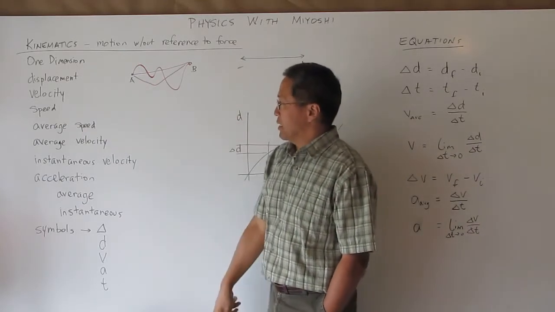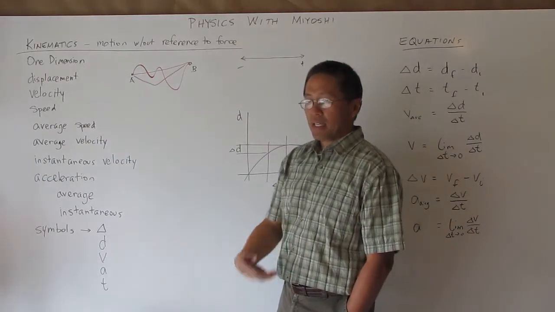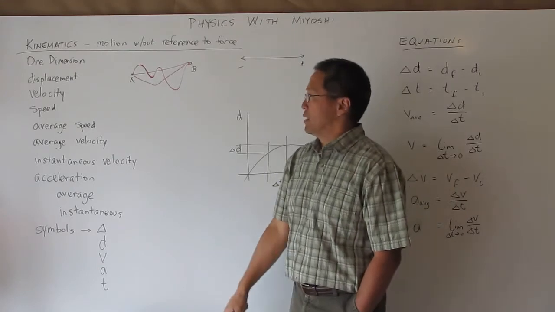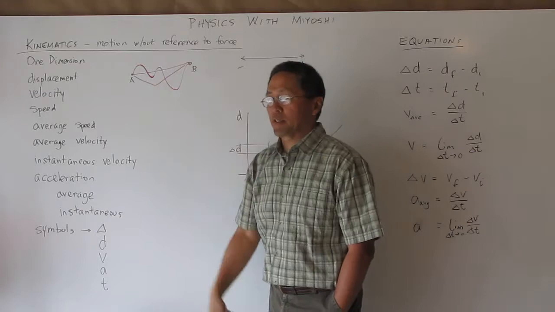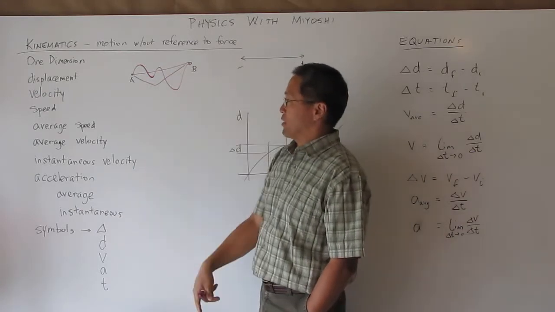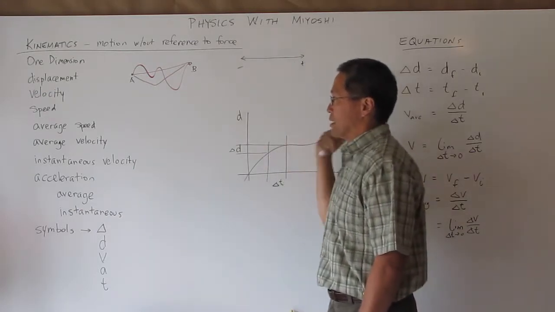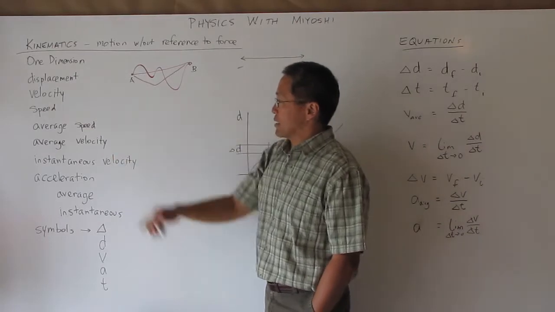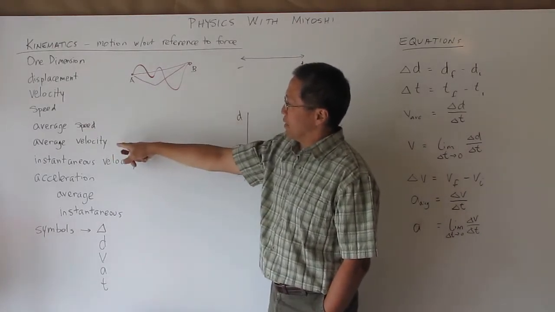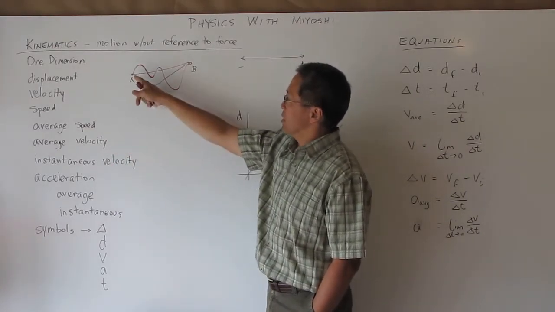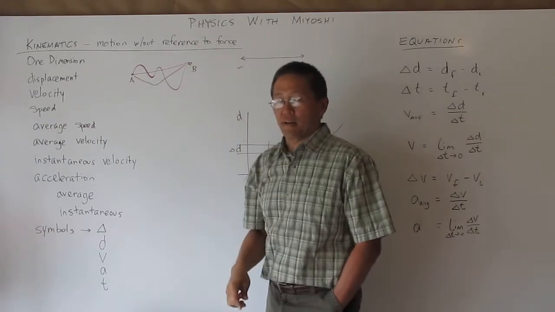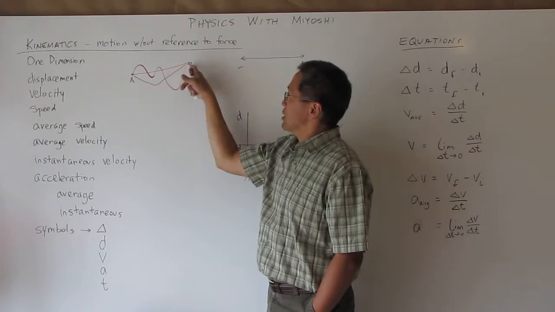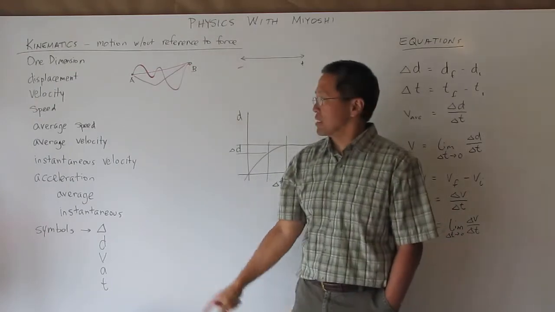Average speed is just like you would think: if you know the distance you went and you divide that by the time it took you to get there, that gives you your average speed. We'll talk about equations in a moment. Our average velocity is the same kind of thing, but it uses the displacement. So it is also a vector, and it points in the same direction as your displacement does.